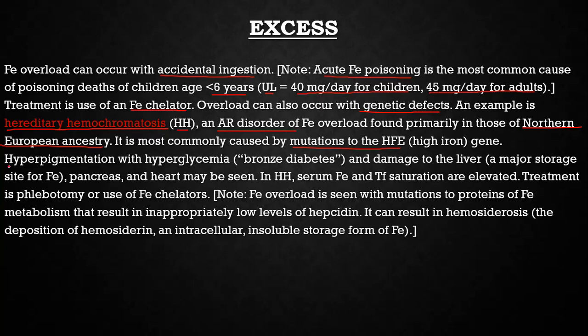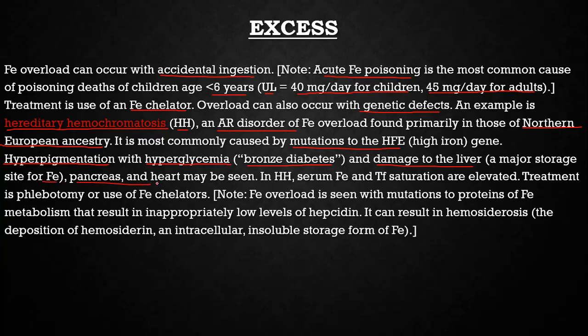How does it present? It presents with hyperpigmentation and also hyperglycemia. So it is known as bronze diabetes, bronze because of the hyperpigmentation, and diabetes because of hyperglycemia. Also, there will be damage of the liver because it's the major storage site for iron.